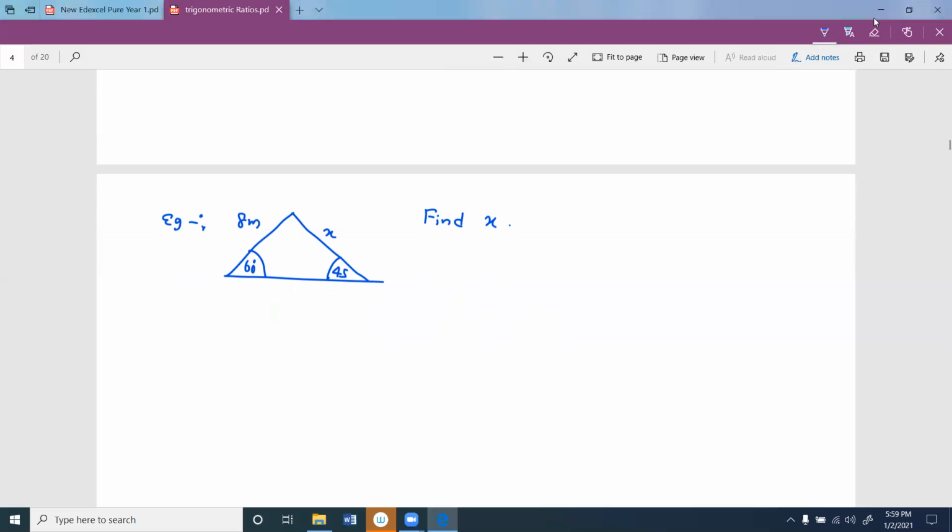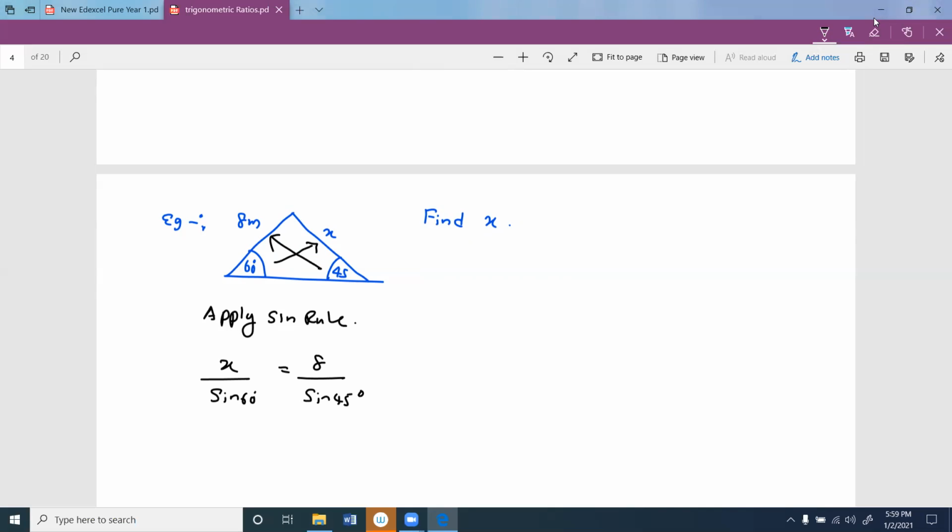So you can write the answer in this one. Apply the sine rule, right? So in this case, you can write x over sine 60. I'm referring to this and this one. This one adjoined with this and this one adjoined with this. So equals 8 divided by sine 45.